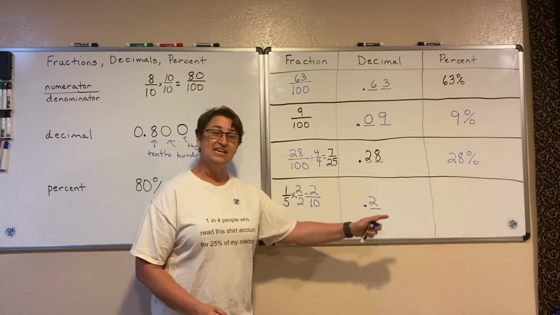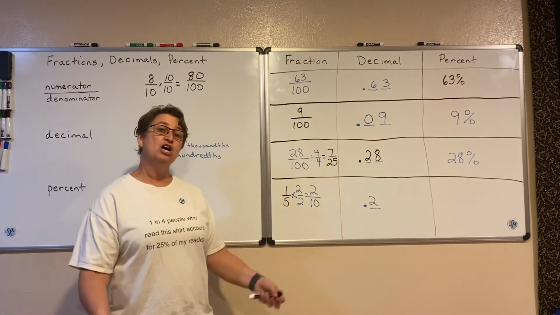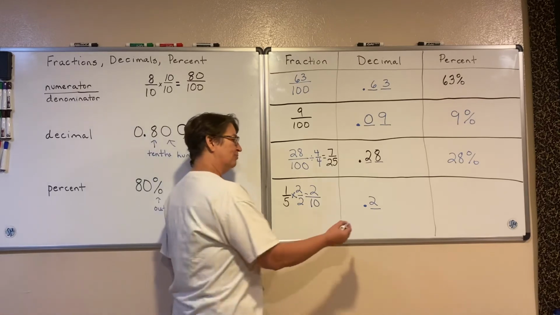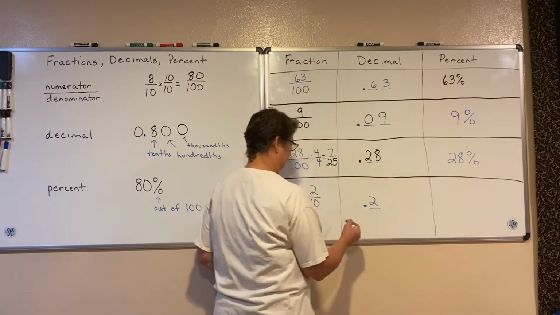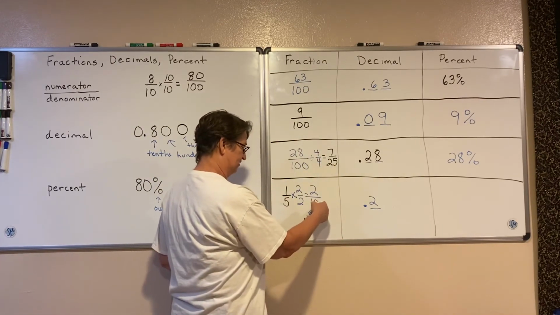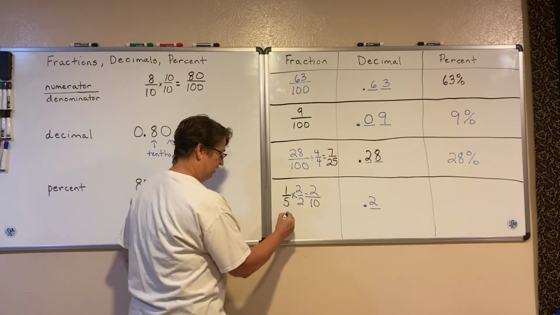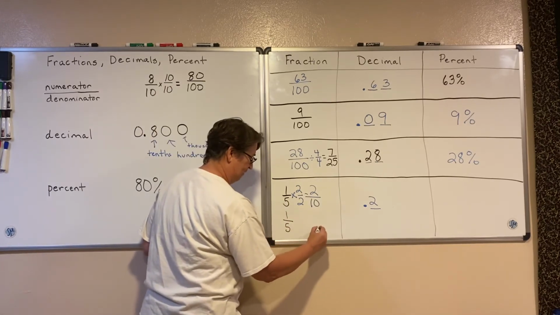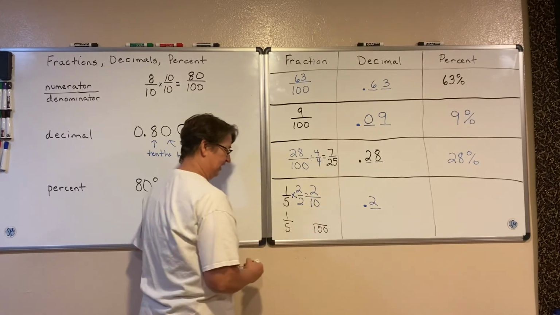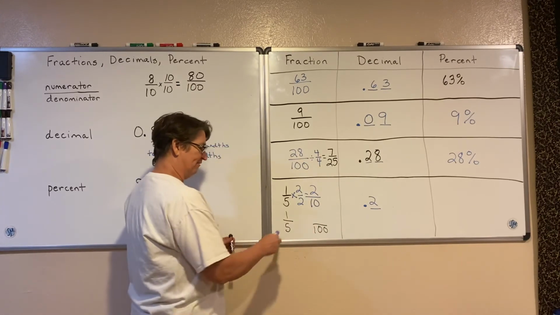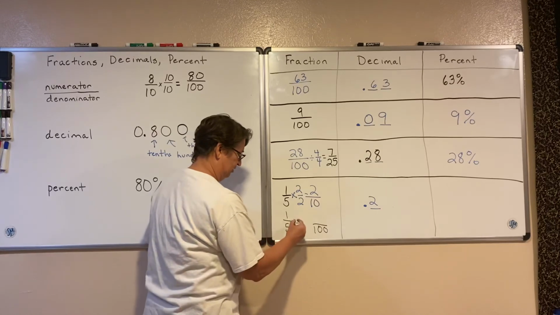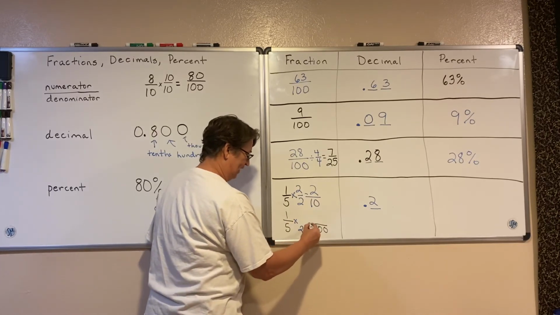As a percent, I need it out of 100. So I could make this go out to the hundredths place to see, or I could take this same fraction and I could say, hey, I want it to have 100 in the denominator so I can make it into a percent. So what would I multiply 5 by to get to 100? Well, I would multiply that by 20.